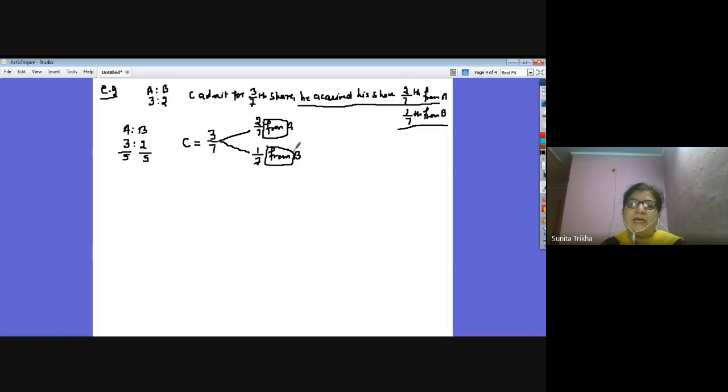So when B subtracts 1/7 from his share, his new share will come. And when A subtracts 2/7 from his share, his new share will come. Then how to calculate the new ratio in this case? A equals old share minus sacrifice share. Old share of A is 3/5 minus sacrifice share of A, 2/7.